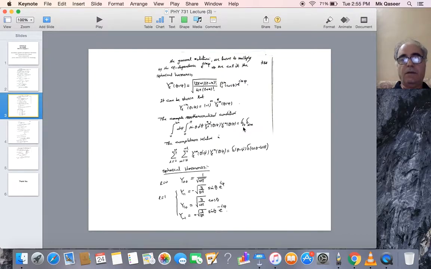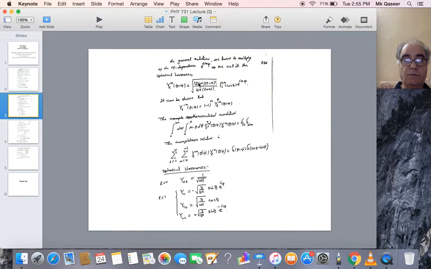This is equal to delta L prime L delta m prime m, and the completeness relation is given by this expression. We need this expression in the future, when we talk about the spectral representation of a Green's function.